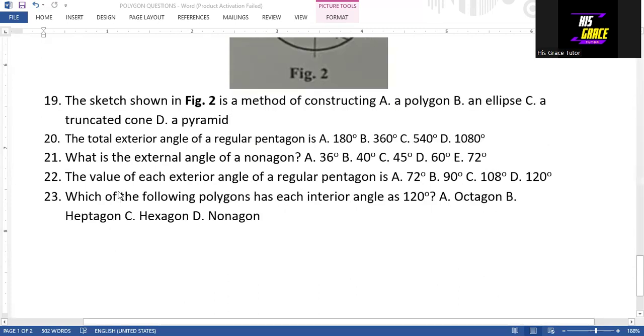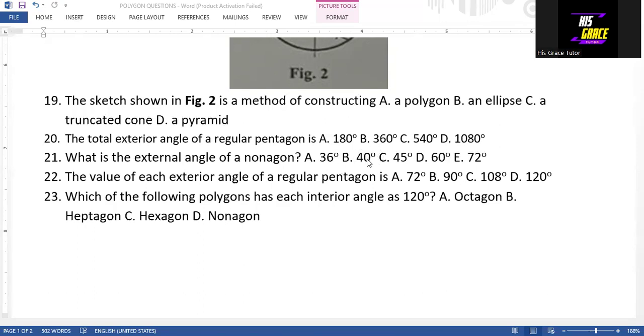Then question 21 says, what is the external angle of a nonagon? The external angle of a nonagon is 40 degrees. All you have to do is divide 360 degrees by 9, and that will give us 40 degrees.